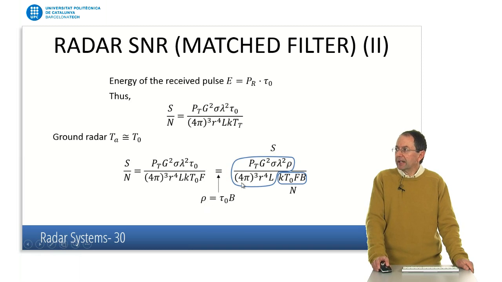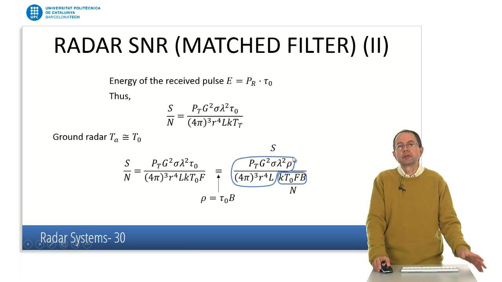Now, in the case we have a radar that obtains a signal and a noise part, we can actually split the signal and the noise part of this equation with these two groups of parameters.